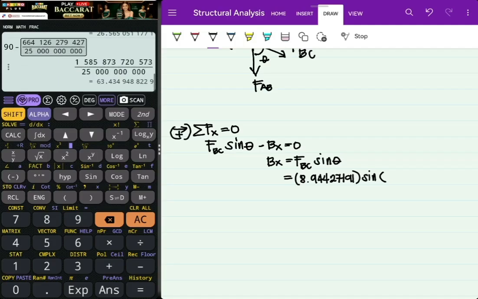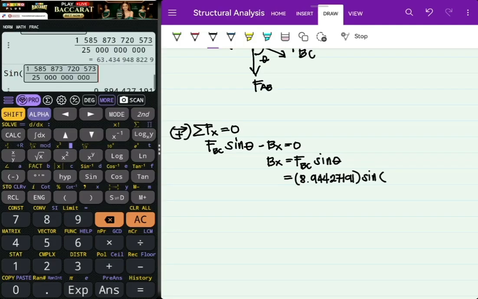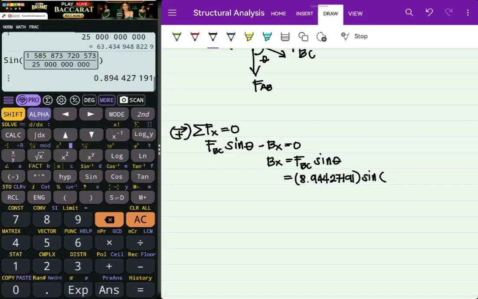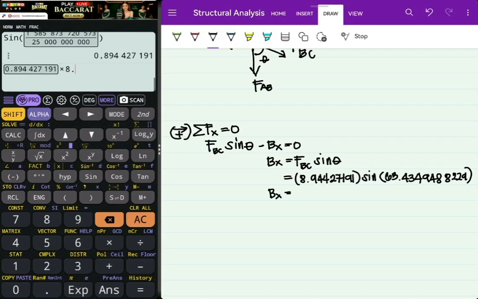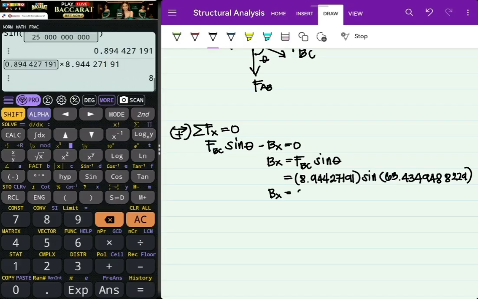That's 63. Sine answer. No. So this is 63.4349488229. Then BX is, you multiply that by 8.94427191. BX is 8 kilonewtons.